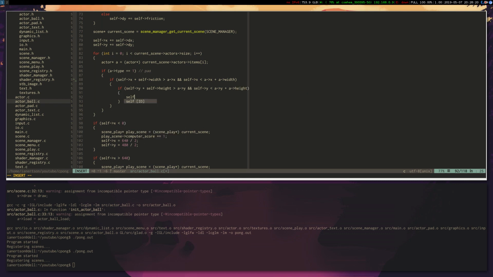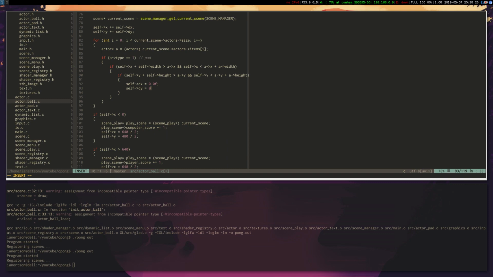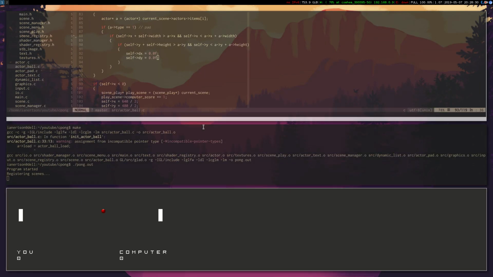Then self dx equals 0, self dy equals 0. Now the ball should just stop if it collides. Works perfectly.